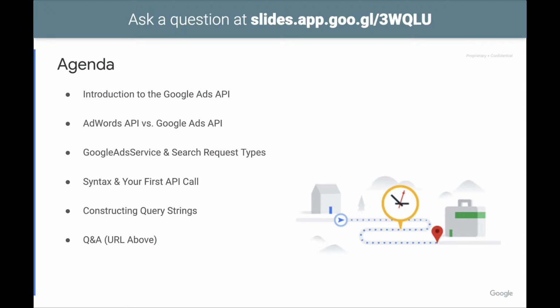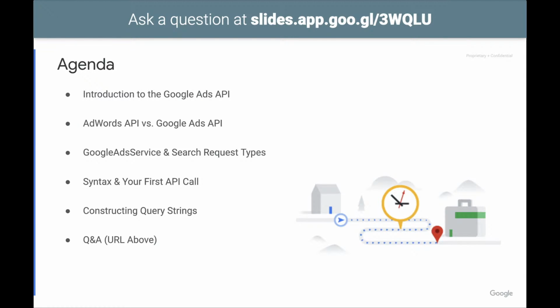After that, we'll compare and contrast the AdWords API versus the Google Ads API with respect to how they look at reporting and fetching data, because it really is a new paradigm in the Google Ads API as compared with the AdWords API. Next, we'll look at the Google Ads service, which is really going to be your entry point into making search and reporting requests, and we'll look at the different request types that you can make.